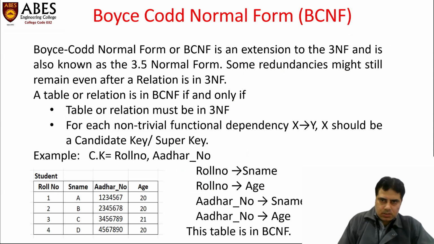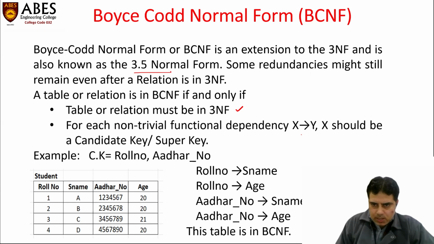Now next is BCNF, Boyce-Codd normal form. This is an extension to 3NF, also known as 3.5 normal form. Some redundancy might still remain even after a relation is in 3NF. A table or relation is in BCNF if and only if the relation is in 3NF, and for each non-trivial functional dependency X determines Y, X should be a candidate key or super key.